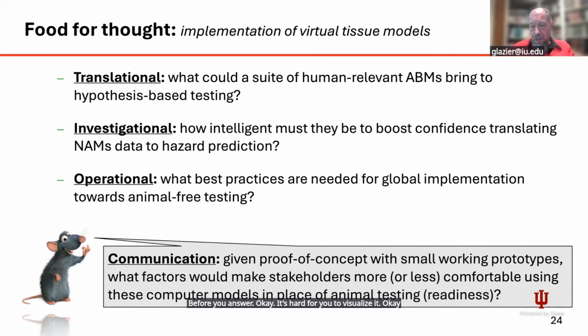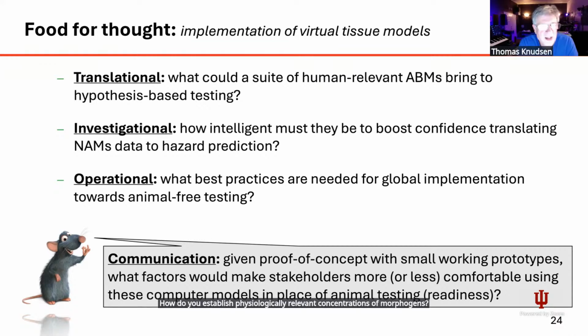Okay, so the first question is from Rodrigo. You have many different parameters in these network models. I'm wondering if they're identifiable from data. How do you establish physiologically relevant concentrations of morphogens? So the true answer, Rodrigo, is it's trial and error.